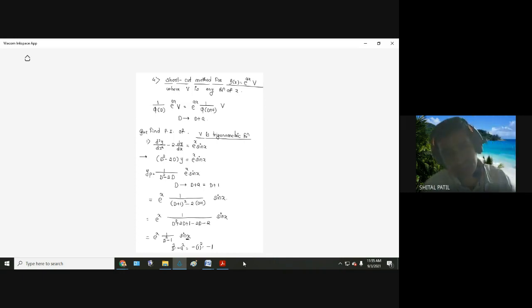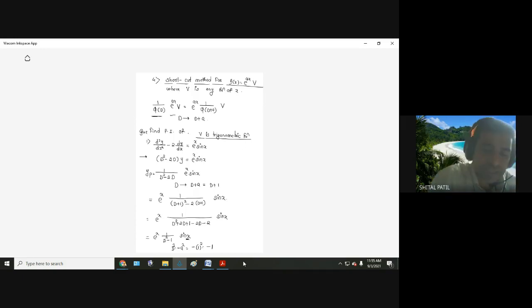Any doubt here? Any doubt? Maybe you are understanding this. You might be understanding the difference in both. See towards the screen. Here on the left hand side, we have to operate 1 upon phi of d on both the functions.